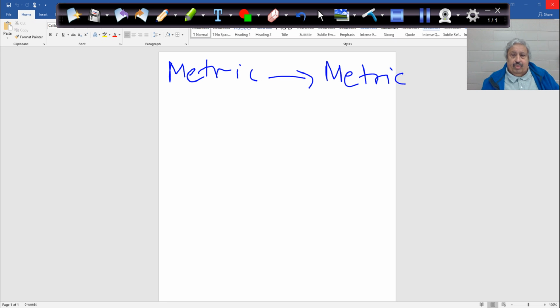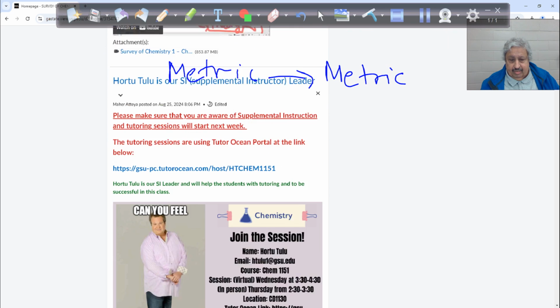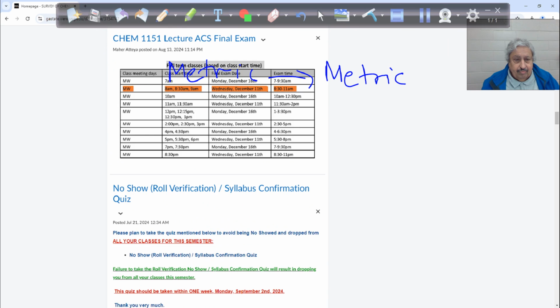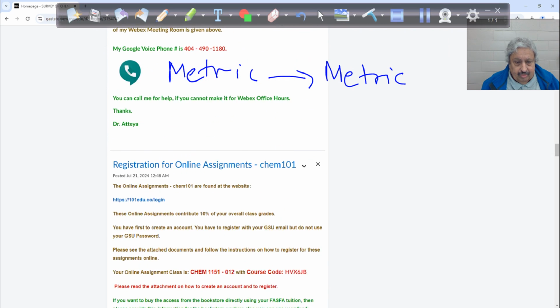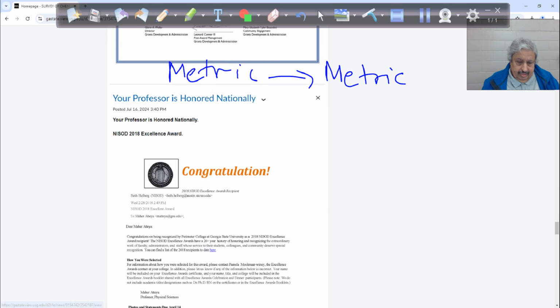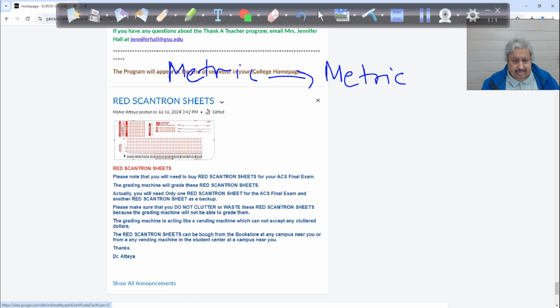I think I put this one here in iCollege. Let me look at iCollege. I think I put an announcement a long time ago. I hope I have it here so I can show you this table.